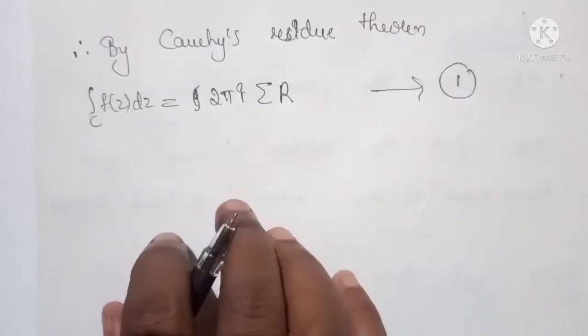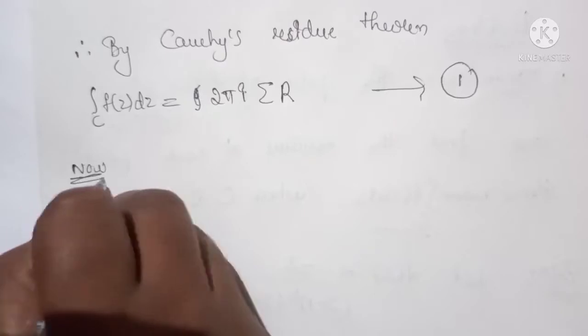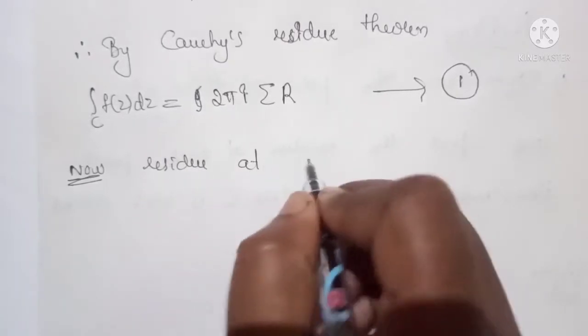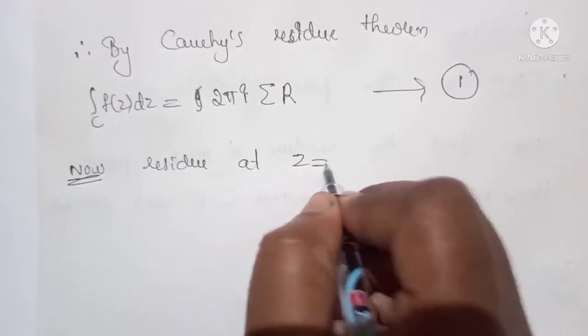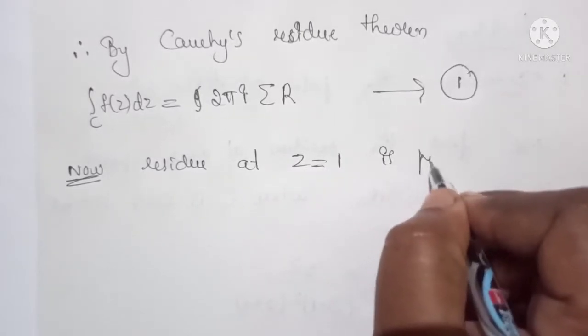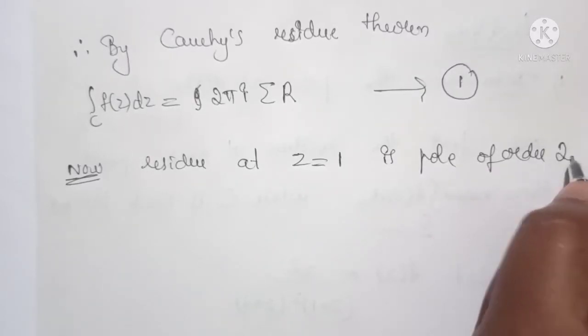So now we find the residues. Residue at z equals plus 1, which is a pole of order 2.